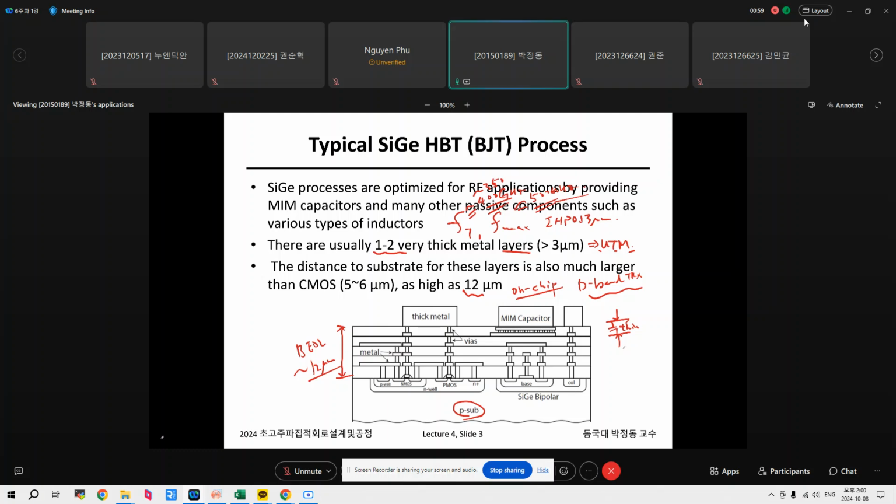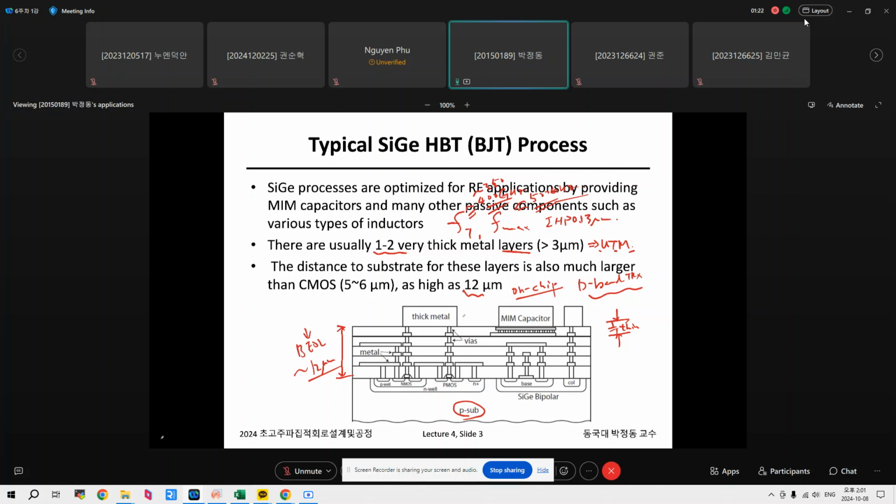Okay, that's why we need to have thick BEOL layers for better on-chip antenna. Okay, unfortunately, this is money. This is money. Okay, so for silicon, for CMOS application, right?